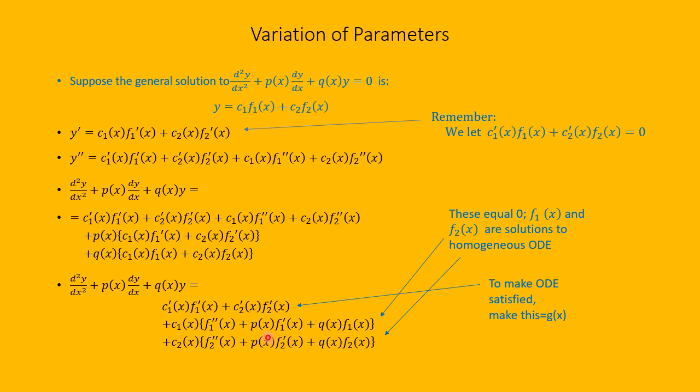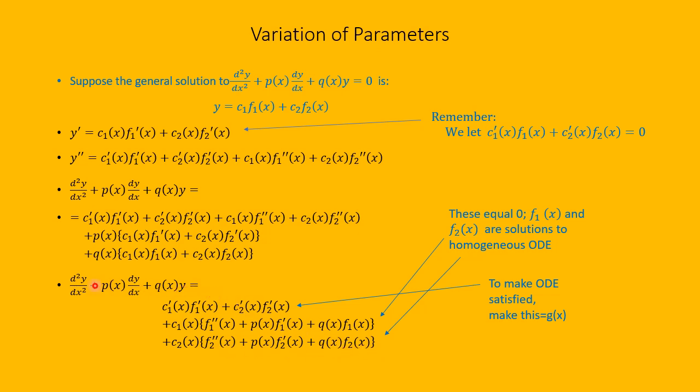Now let's remember that F1 and F2 are solutions to the homogeneous ordinary differential equation. So this stuff inside the braces equals 0 for all x. Down here, this stuff in braces also equals 0 for all x.